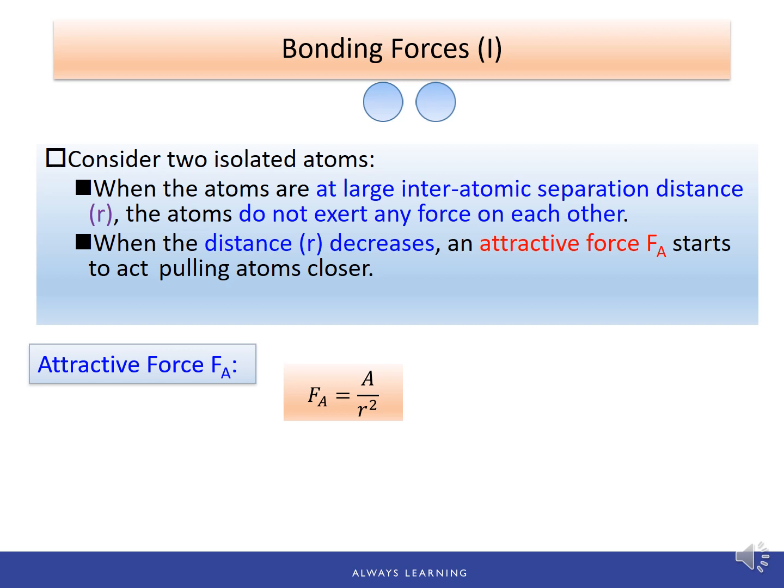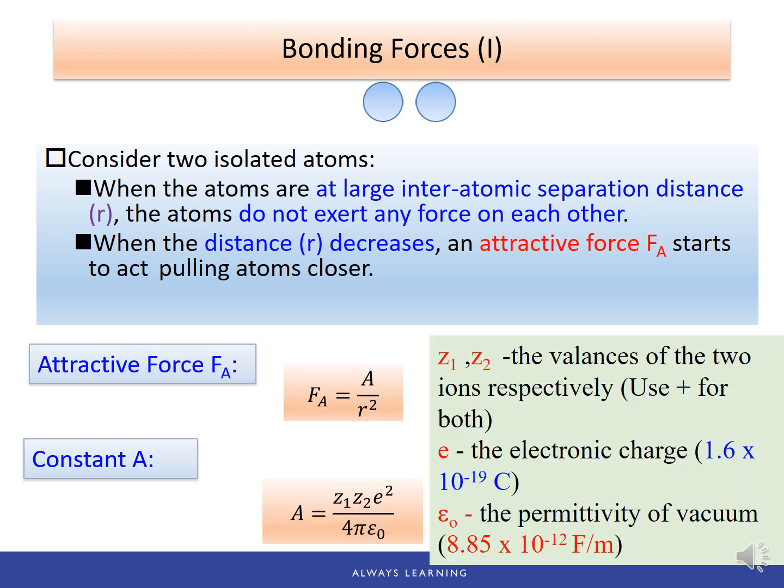And this value A can be calculated from the properties of the two ions: Z1 times Z2 times E squared over 4 pi epsilon 0, where Z1 and Z2 are the valences of the two ions respectively. So when you do the calculation, we use the absolute number of the valences for each atom, so do not carry the positive or negative sign.